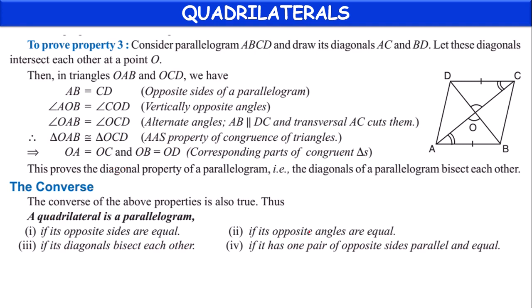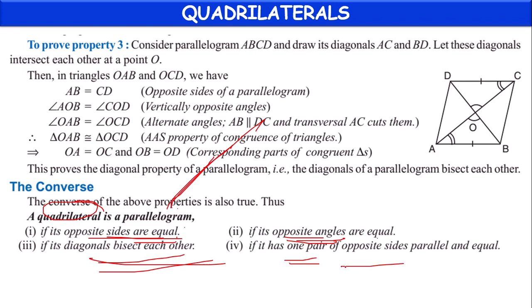In converse, in reverse manner, how we can take the above statement means, a quadrilateral, if opposite sides are equal, then it is a parallelogram. If opposite angles are equal, then it is a parallelogram. If diagonals bisect each other, it is a parallelogram.